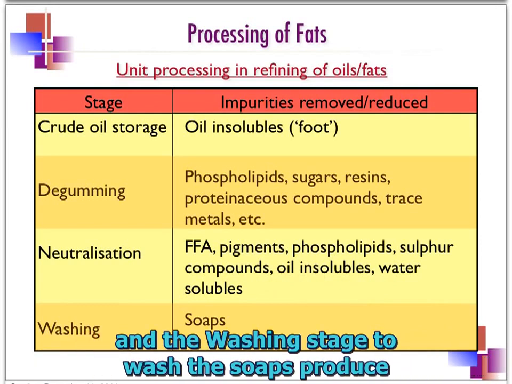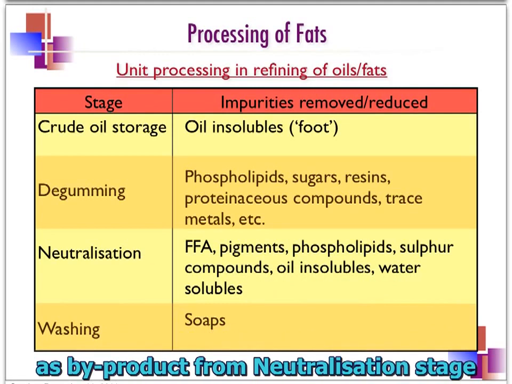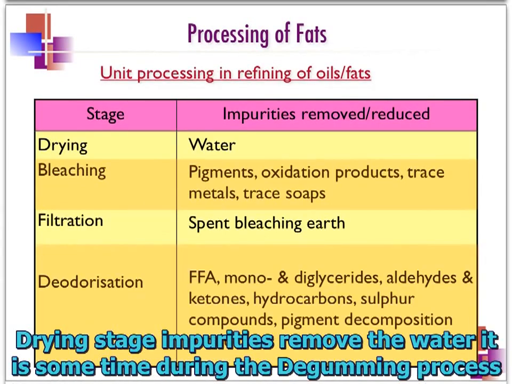Then the washing step is to wash the soaps that are produced as a byproduct from the neutralization step. Drying stage. Drying is used to remove the water, which sometimes is added during the degumming process.